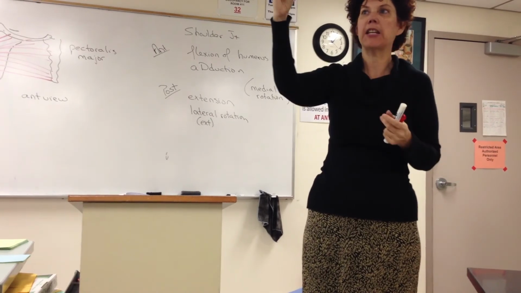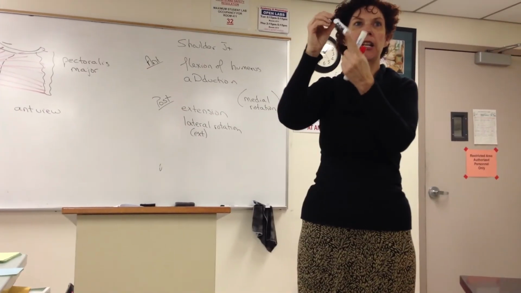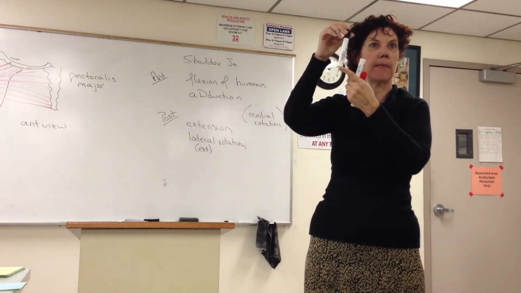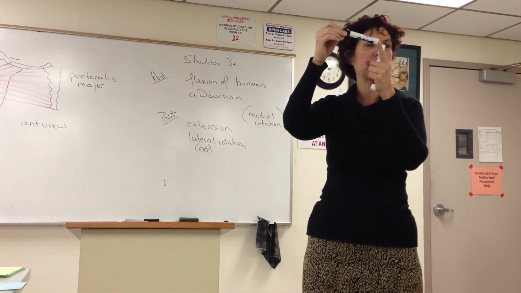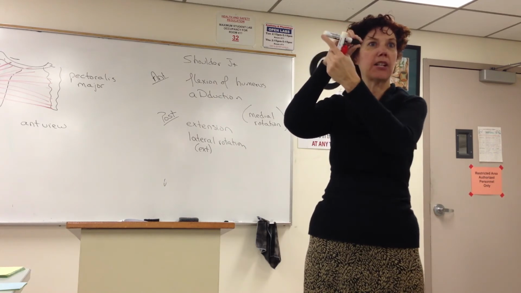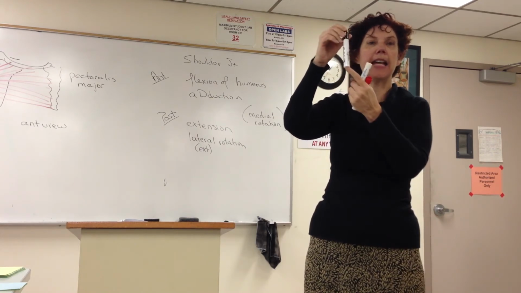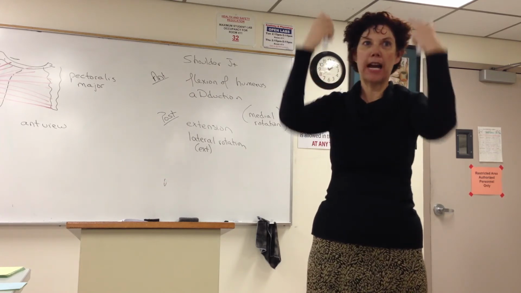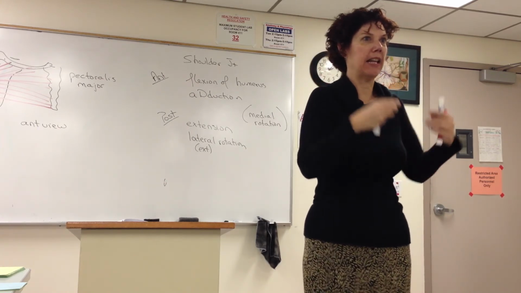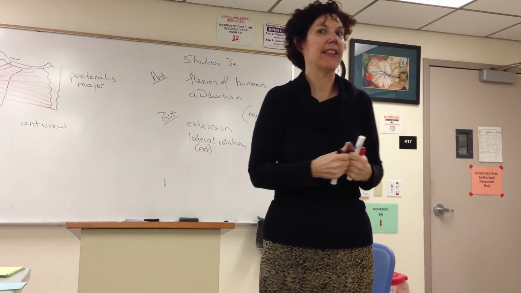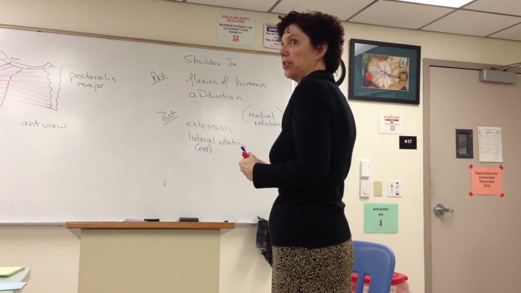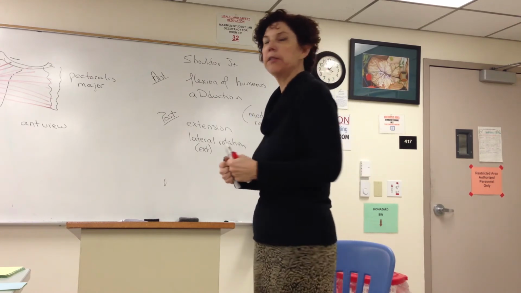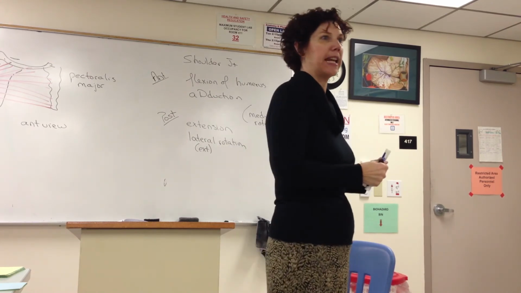So if I use this pen, flexion was decreasing the angle of a joint, extension is increasing, adduction moving towards the midline, abduction away, and rotation is the entire bone. So if I'm a right humerus, this would be external rotation, and this would be internal rotation, or lateral rotation and medial rotation.